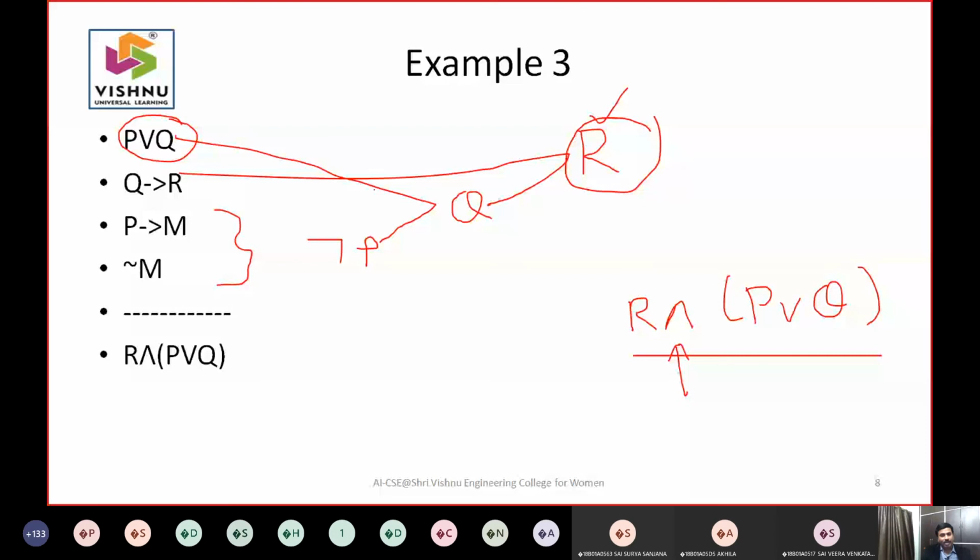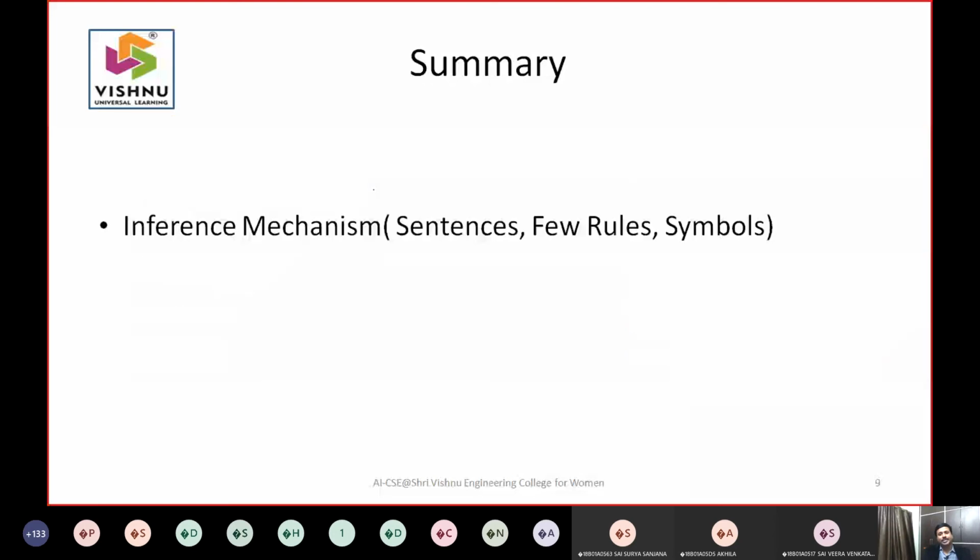So this is what my class is actually. If you wish to summarize what actually happened in the class, we have different types of inference mechanisms which process sentences. They process the sentences and they understand in terms of semantics and they try to infer.